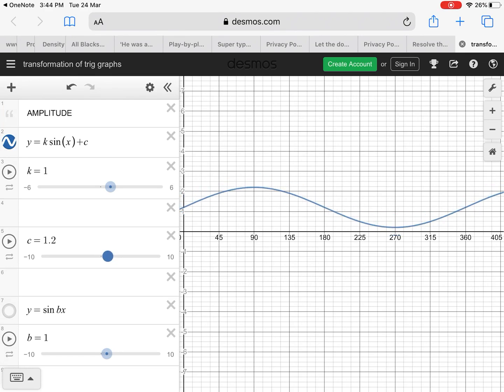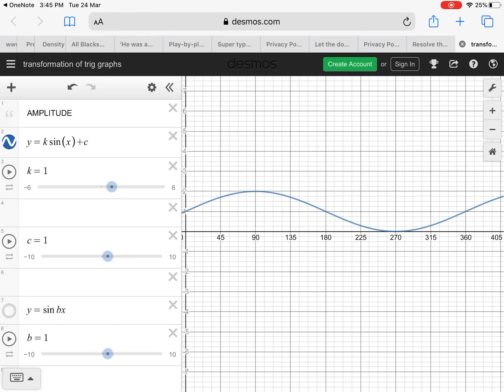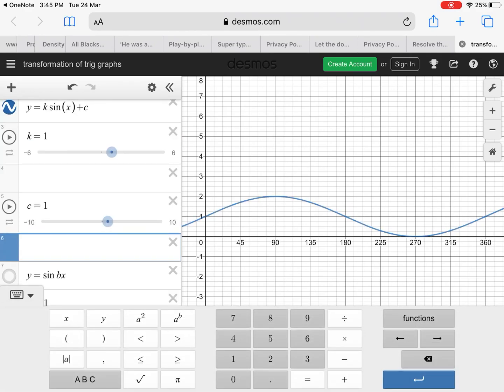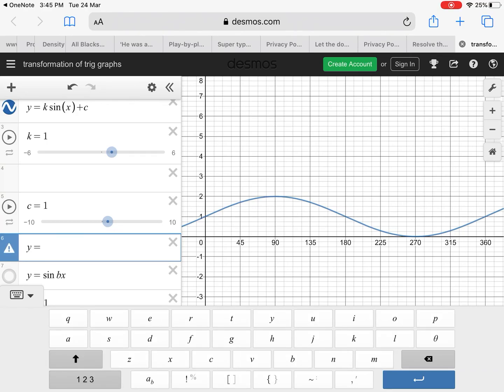when c is 1, that changes our line of symmetry to 1. And c is very important because if you look at the sine graph where it goes through the x-axis, it's no longer going through 0, it's going through at 1. So that's a sine graph that has been shifted. Can I do this? y equals c.